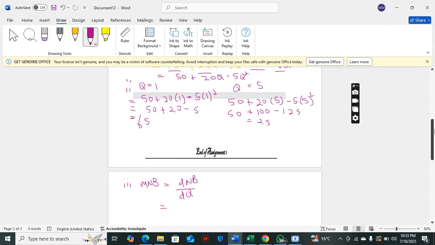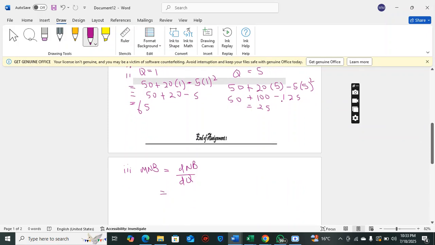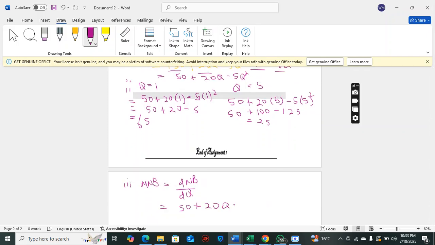So marginal net benefit, we're deriving the net benefit equation with respect to Q: 50 plus 20Q minus 5Q squared. So we derive this. When deriving a number without a letter, it disappears.